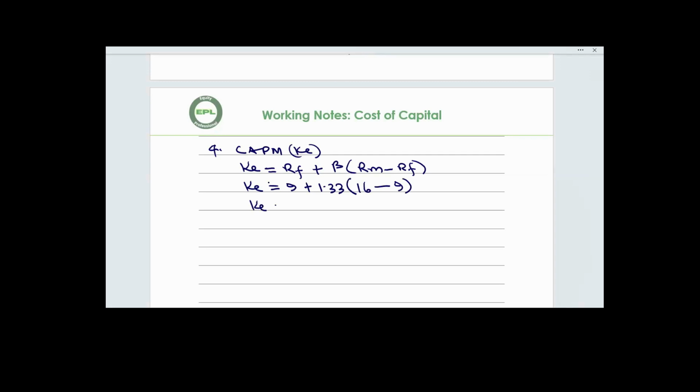So cost of equity is equal to the difference between 16 and 9, which is 7, multiplied by 1.33, plus 9, equal to 18.31%. Then finally, step 5, you need to calculate project-specific WACC, denoted as KW.